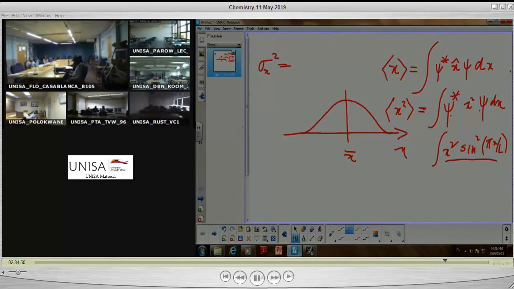Now you can see that this value is taken at each and every value. And we take the mean of this. So, this thing here is the square of the standard deviation, the spread of your values.